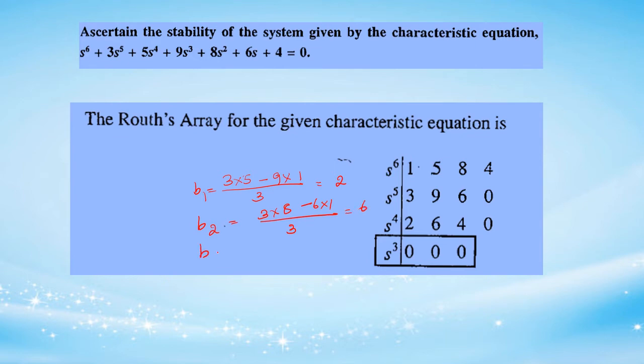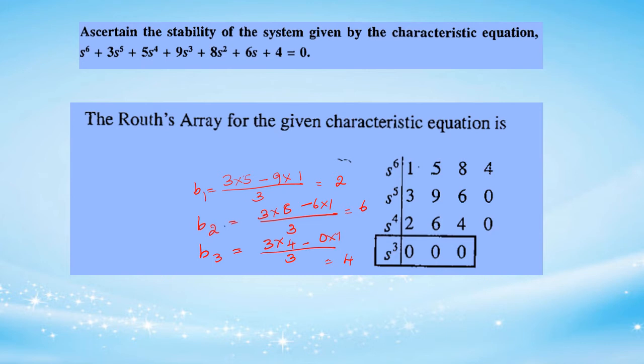And B3 is (3 into 4 minus 0 into 1) divided by 3, which is equal to 4. So we have got 2, 6, 4. There is no fifth column, so the value is equal to 0.